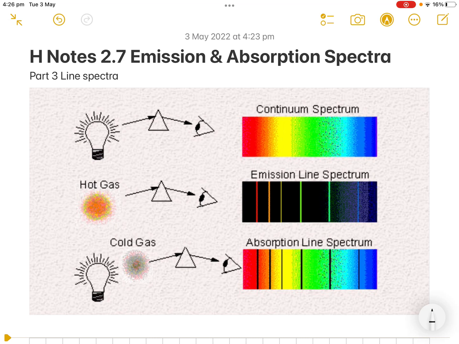So depending on the particular downward transitions in the particular gas atoms we're dealing with, we get particular colours emitted. And that produces the line emission spectrum, which you can see.